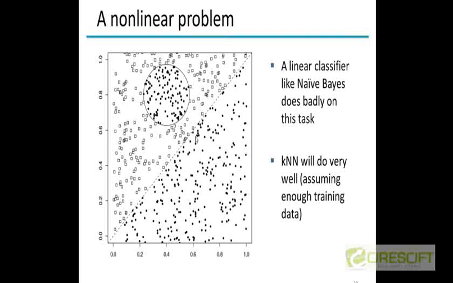If your application is such that you expect classes to be of this particular form, where your data will form independent clusters, then it's better to use the k nearest neighbor algorithm. Whereas if your classes are such that they will fall into contiguous regions of space, then you can probably linearly separate them, and then you can use linear classifiers for that.